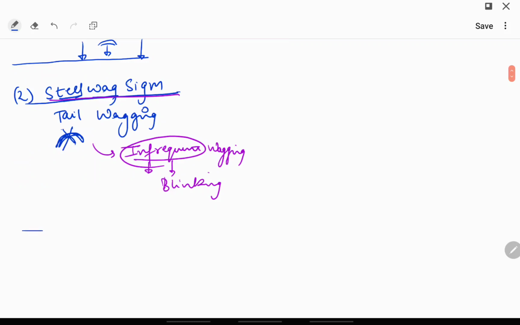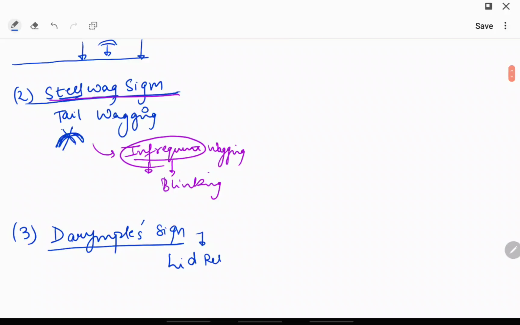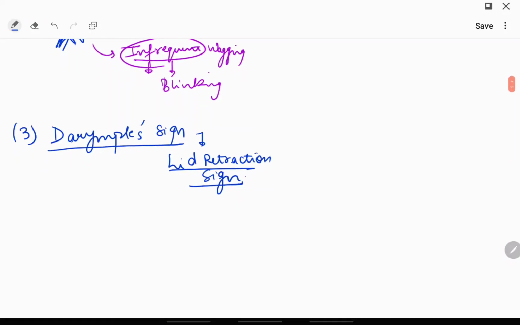Okay, and the third is the D, that is the Dalrymple's sign. Okay, so this is the sign of lid retraction. The simplest way to remember is that Dalrymple sounds like dimples.